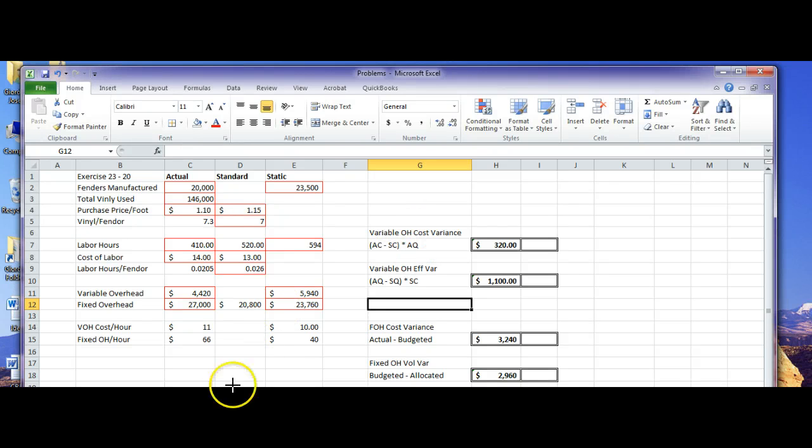So let's see if I can do this. Okay, you have AC minus SC, and those are in parentheses, and you go times AQ.